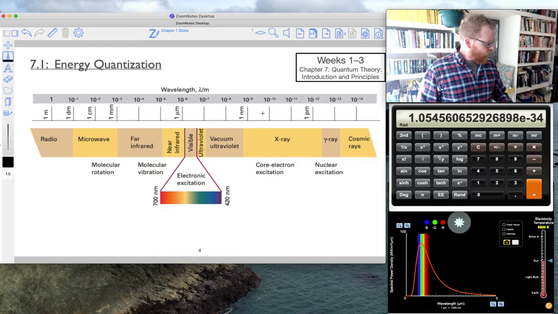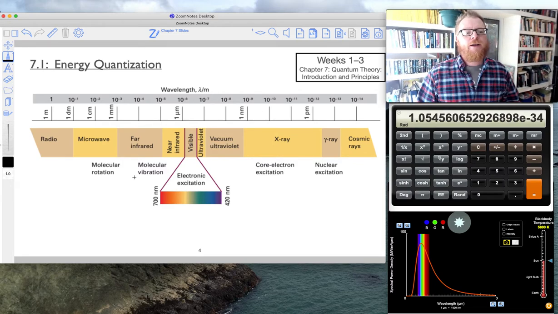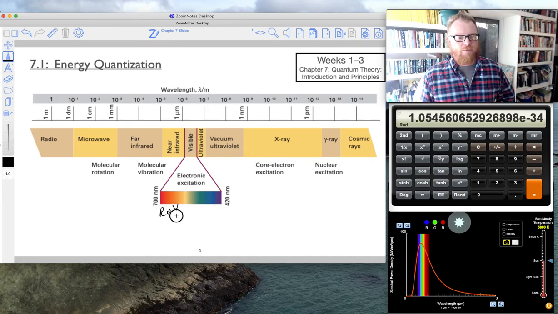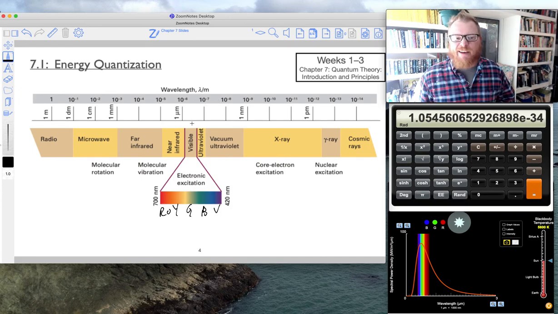Okay, so a nice little review here on the electromagnetic spectrum. Recall, visible light occurs over a very narrow range of wavelength, between 700 nanometers to roughly 400 nanometers, and goes as ROYGBIV, right? Red, orange, yellow, green, blue, violet. If we go to higher energy from the visible, we get into the ultraviolet, about 10 to the minus 7 nanometers.